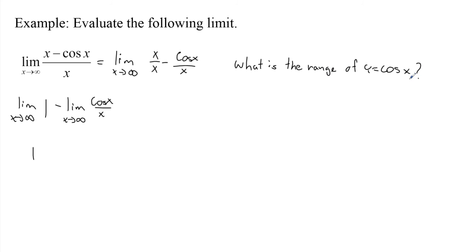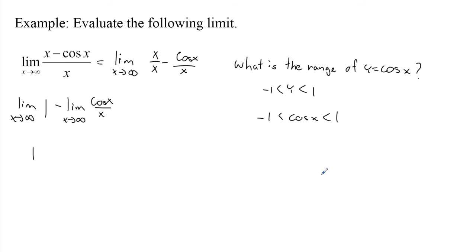You should be thinking about that in your head. Well, the range is from -1 to +1. And so we know that no matter what value of x you plug in, the cosine of x is always going to be between those two values.